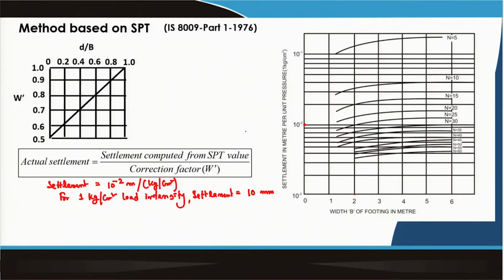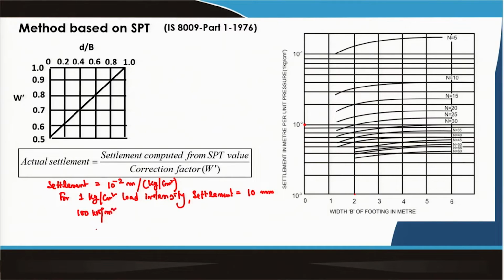So, here also, 1 kg per centimeter square is actually 100 kilonewton per meter square.